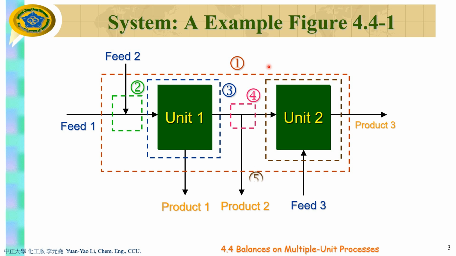And number 5, this is a single unit. Okay, what else? You might say, well, this is the overall system. So, Professor, can I have 2 single units together? Yes, you can. You can put these 2 together, and that will be something like this. If you want to do input equals output, this is more complicated.